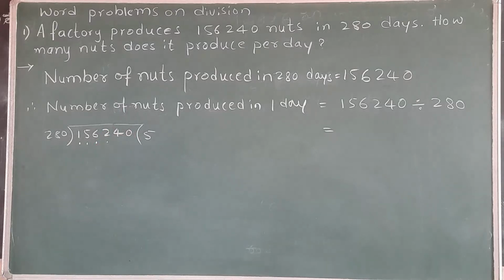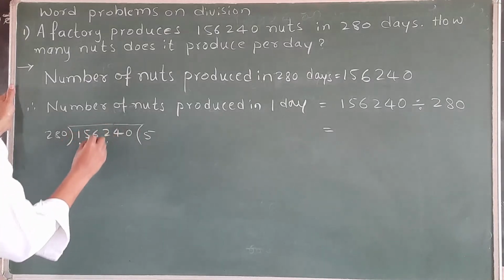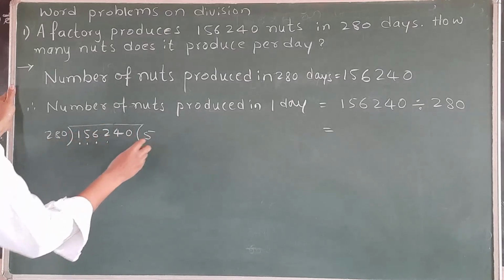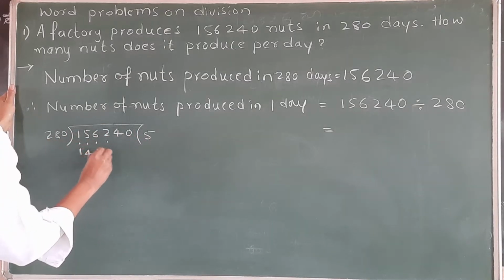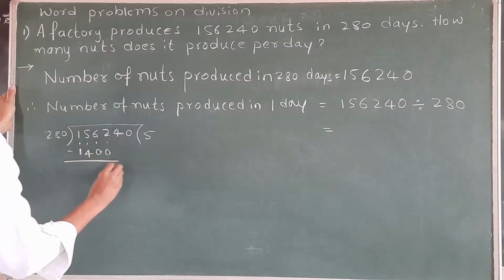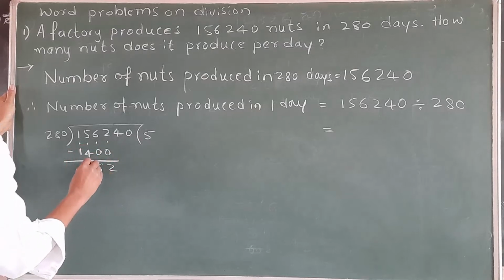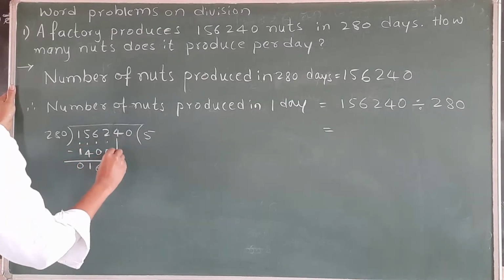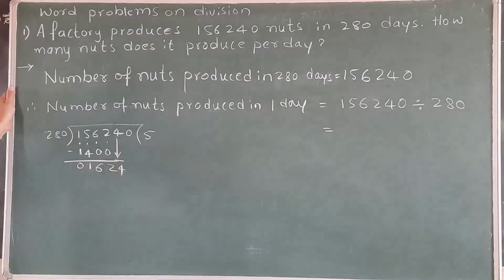Less than 1562 is 1400, that is 5 times 280 is 1400. After subtracting we get 162. Take the next one down and write here 1624.